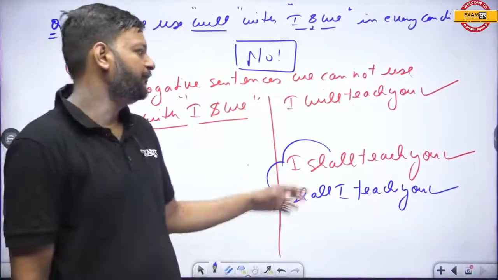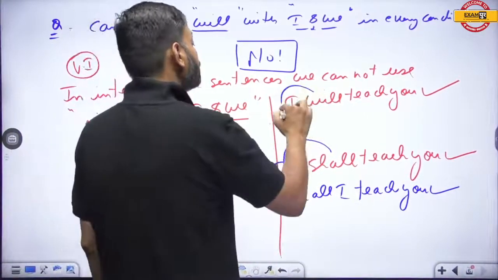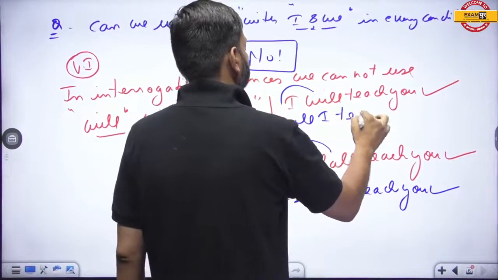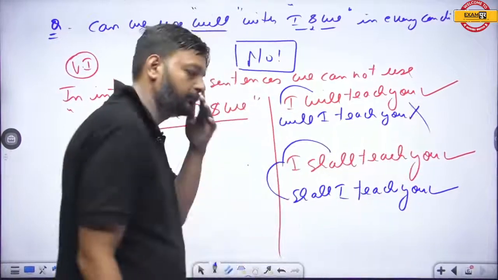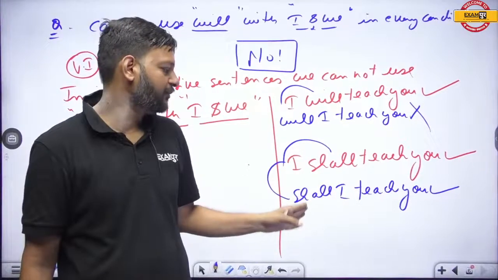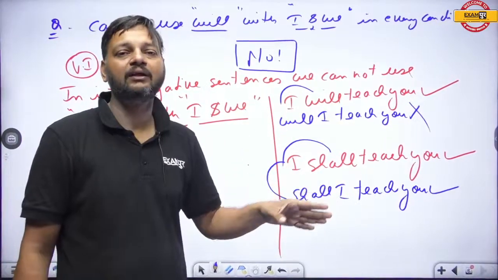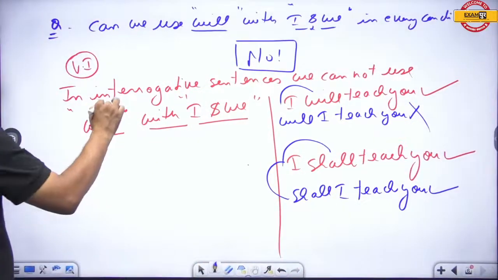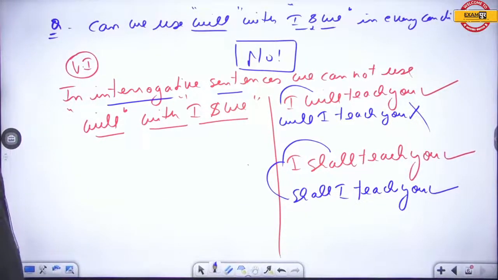Now, if we have to make this sentence interrogative, what we usually do, will I teach you? But this sentence is wrong. I shall teach you. The interrogative of this will be shall I teach you. But the interrogative of I will cannot be will I. This is wrong because in interrogative sentences we cannot use will with I and we.